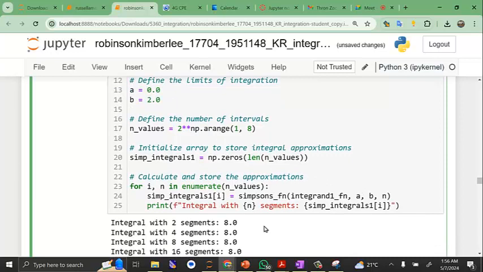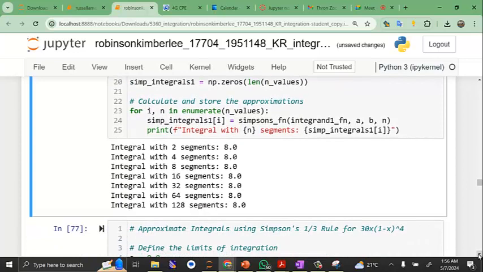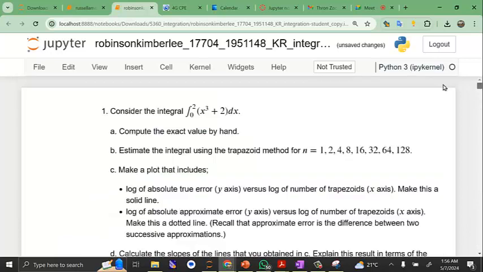Right. Now, very interesting behavior here. When you do this on the first function, you get perfect on the first trial. Right. And now what that means is that, if you remember, the first function was a cubic function. So Simpson's rule can integrate cubic functions exactly.